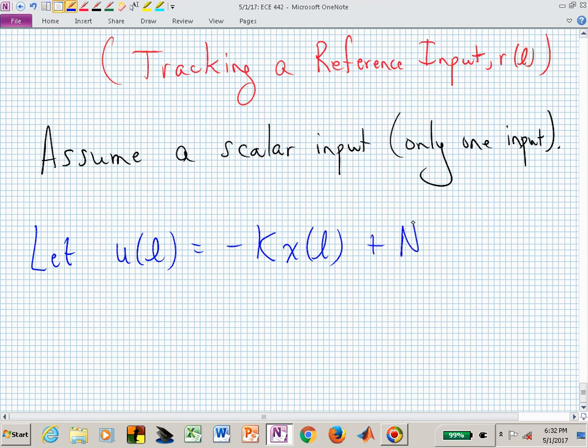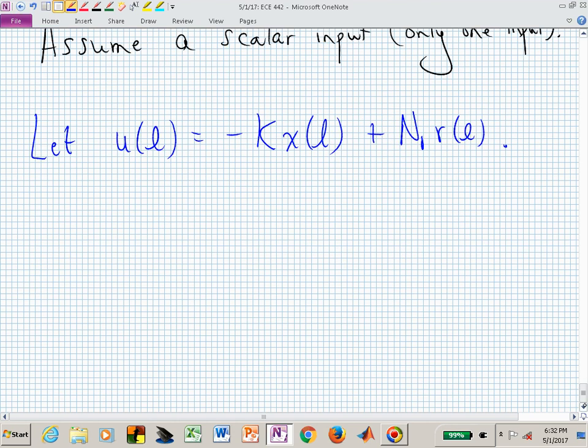But let's also introduce the ability to track a reference input R of L through this additional piece making up the input U of L to our system. If we have a scalar input, you could think of U of L being some 1-by-1 quantity. And if we had 4 state variables, then K would have 4 adjustable variables, K1, K2, K3, K4.